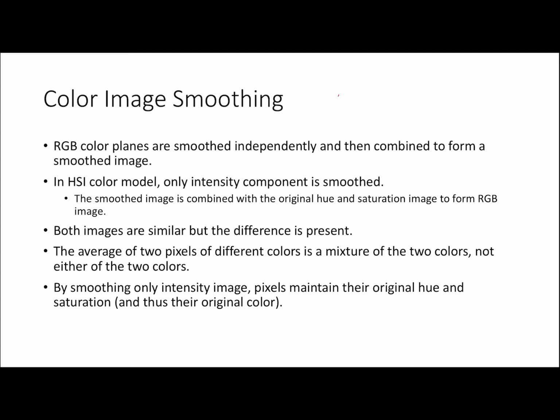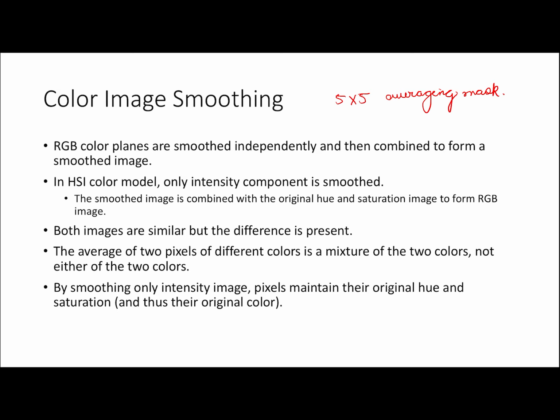Now we have smoothed each component of the RGB image independently using a 5x5 averaging mask or kernel.